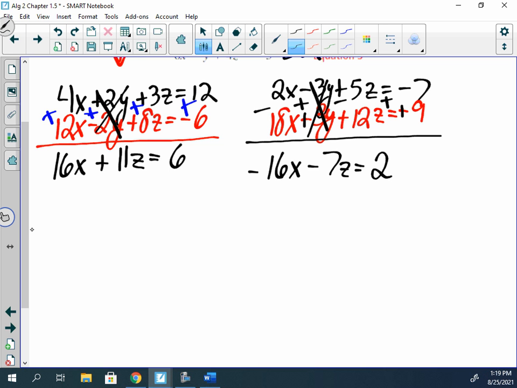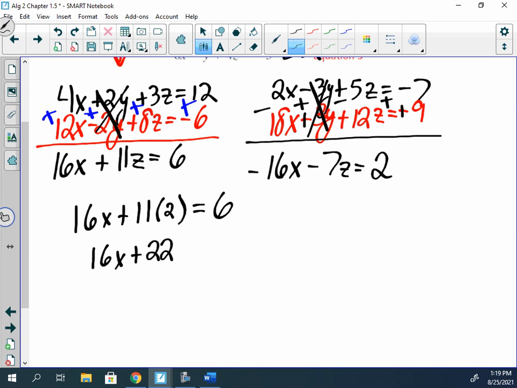It doesn't matter. We can choose the positive one. So I can say 16x plus 11 times 2 is equal to 6. So we can use this equation. So we can go on and solve. So we can do 11 times 2, which would be 22, equals 6.